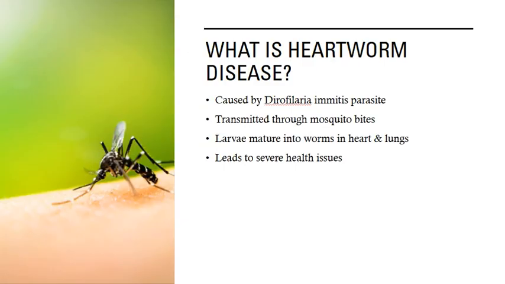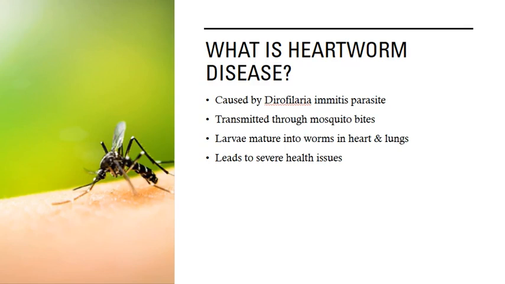Heartworm disease is caused by a parasite, Dirofilaria immitis, which is transmitted by mosquitoes. Once inside a dog's bloodstream, the larva matures into worms that grow inside the heart and lungs, leading to severe health issues.